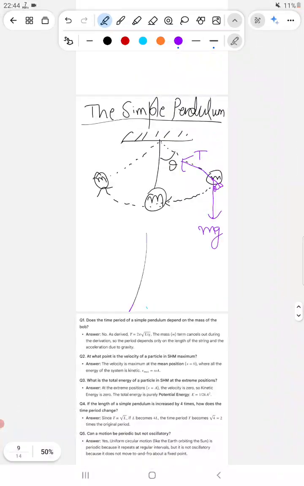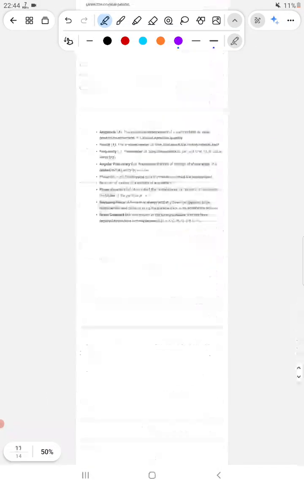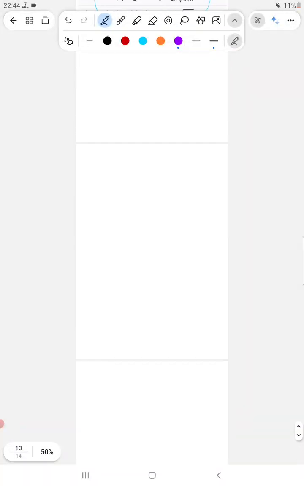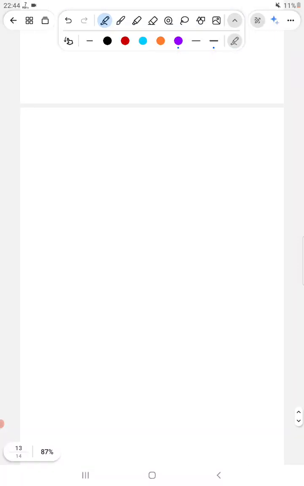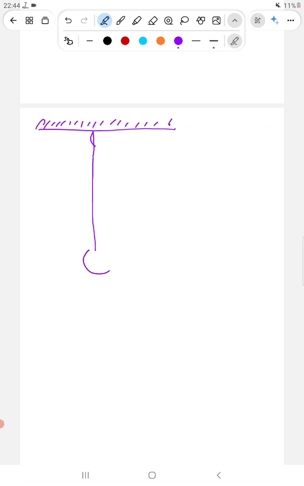So let me again draw this figure, neat and clean. This is my fixed wall. This is the bob of mass m displaced by angle theta.